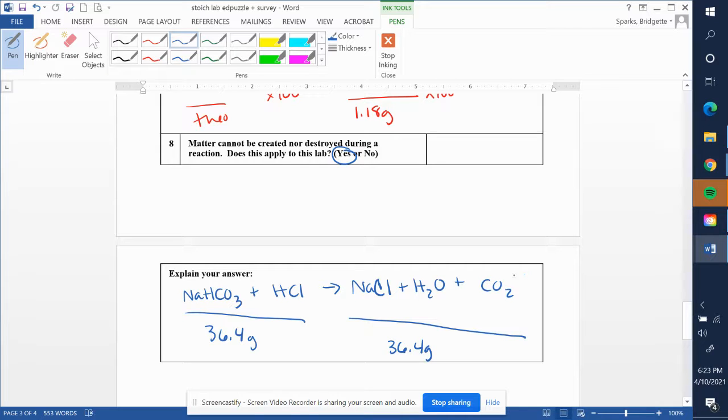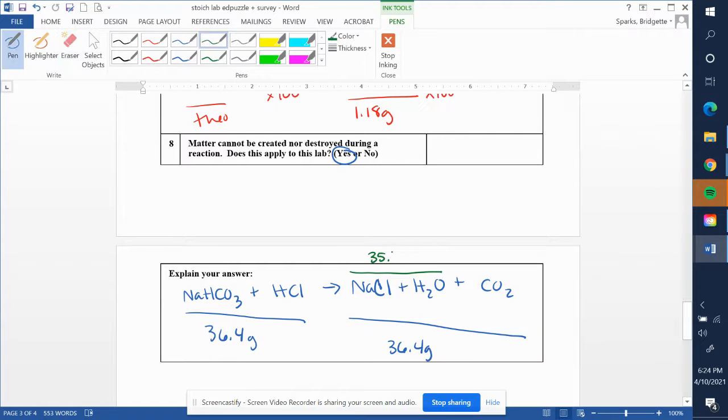But that CO2 bubbled out of the beaker. And so when you massed it after the reaction, we were really only massing that salt and water, which was 35.1 grams.